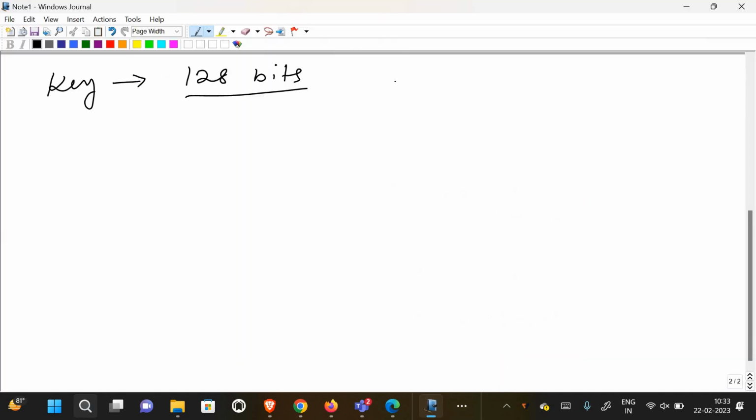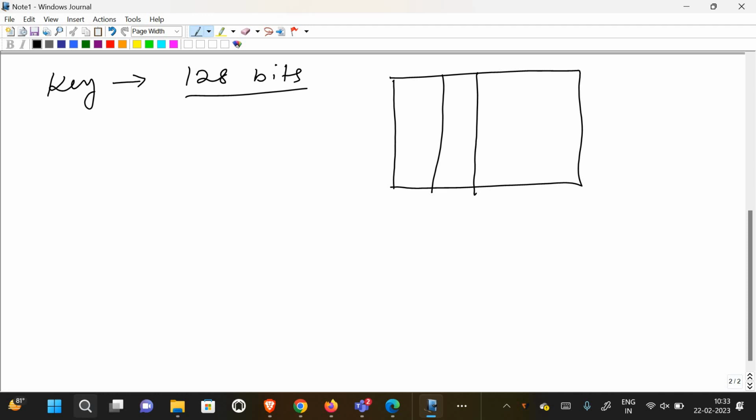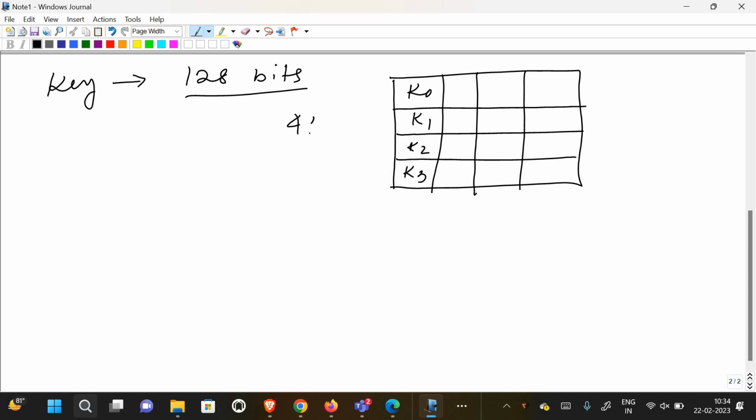So this 128 bit key will also be arranged in a matrix of the same type. In each case it will be like K0, K1, K2, K3. Again, there are 16 bytes of information, so this is again a 4x4 matrix that will be considered.